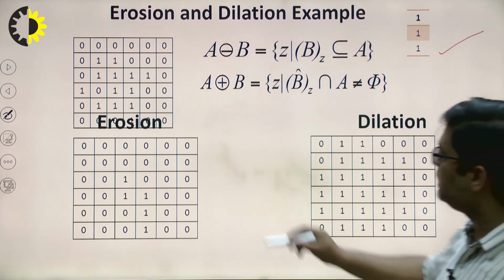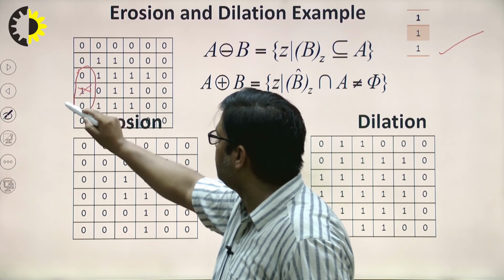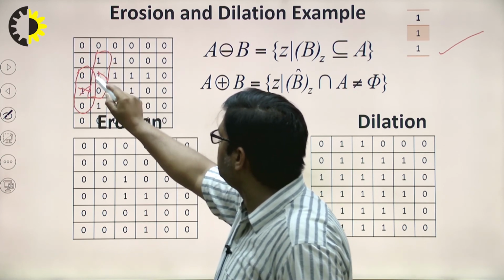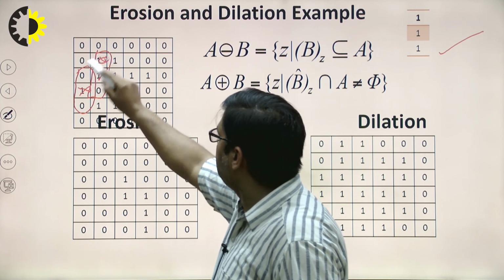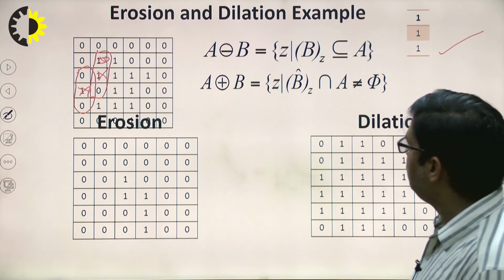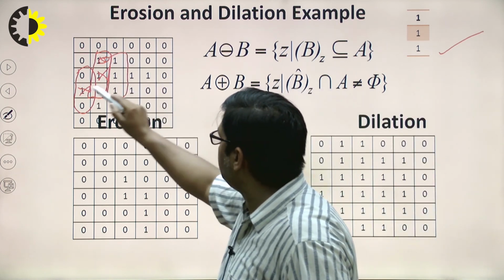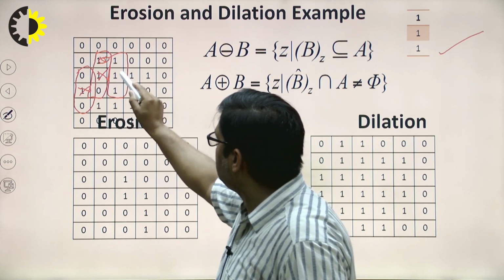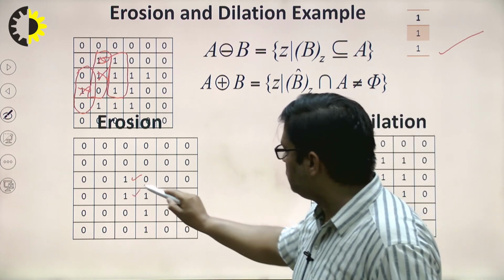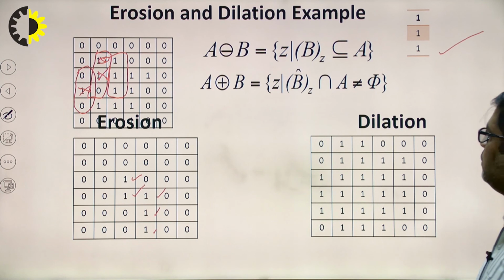If I keep it here, it is not matching, and not matching means it will become 0. Here also it is not completely matching, so it will become 0, and all will become 0 in this way. But when I apply the structuring element here for the erosion operation, it is completely matching, which means we have to keep it like this. Similarly this one. These are very good examples of erosion.